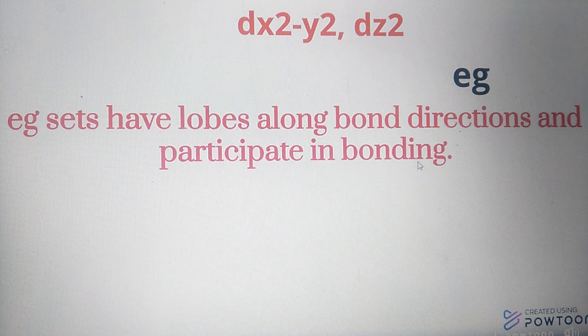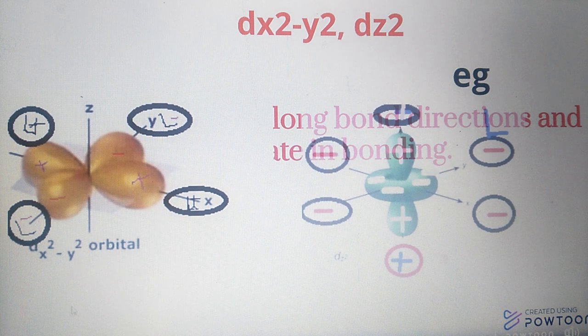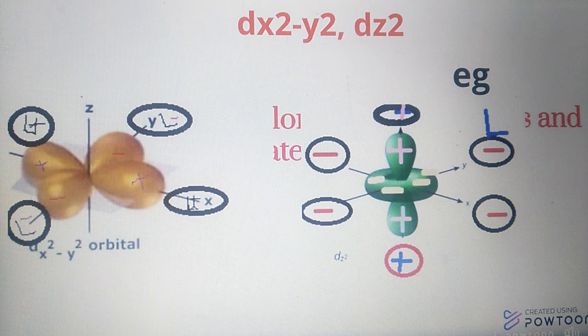That's why, due to inter-electronic repulsion, the energy of these orbitals becomes high. This is the dx square minus y square orbital.